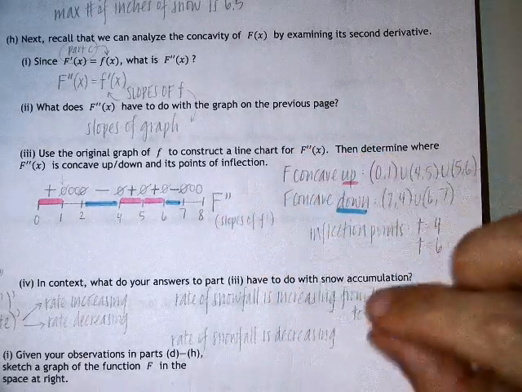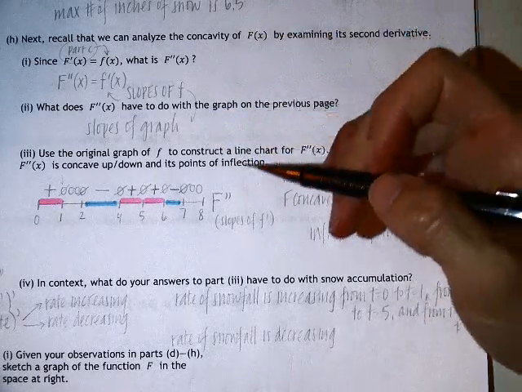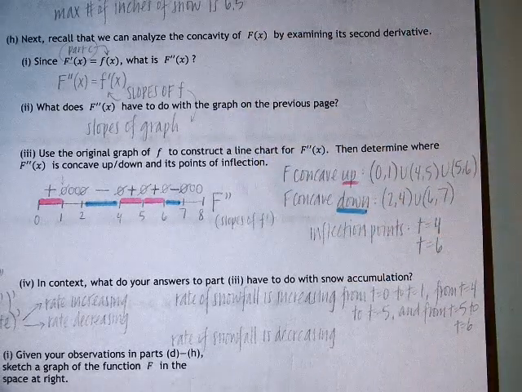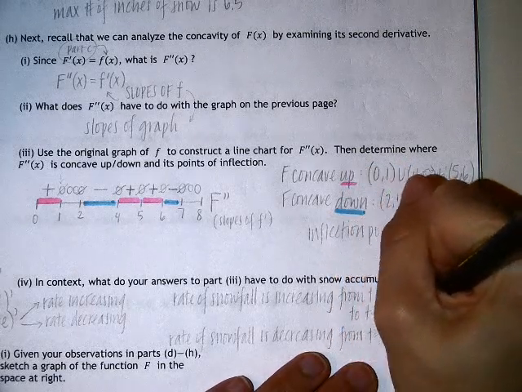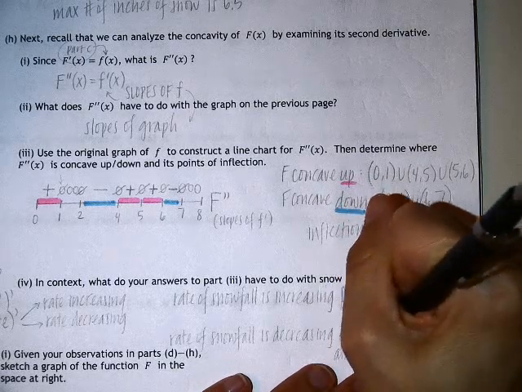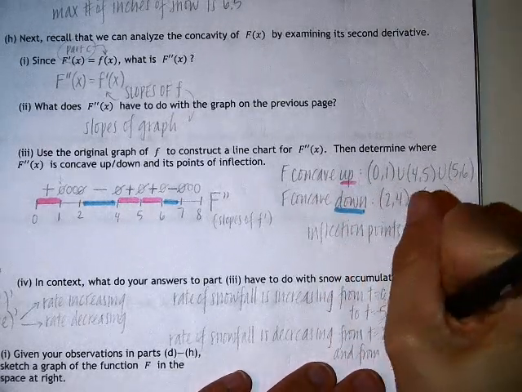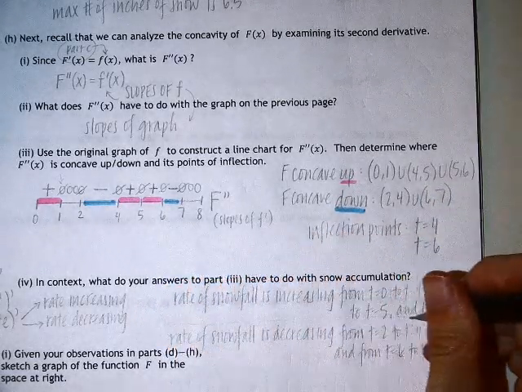It's lightening up. I'm picturing the precipitation rate getting smaller and smaller, so maybe it's turning into flurries and just a few little snowflakes. And that's happening from time 2 to time 4, and again from time 6 to time 7. So there's my second interpretation there.